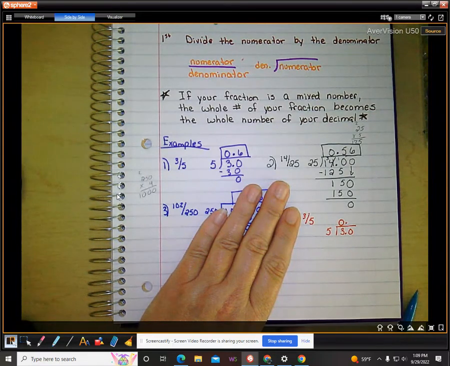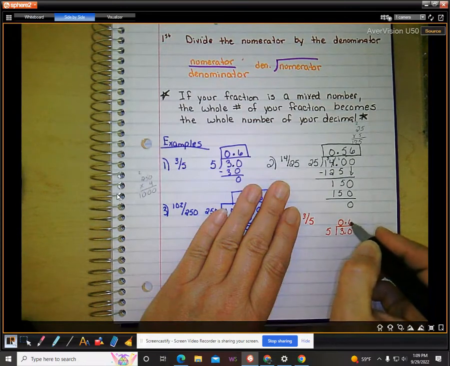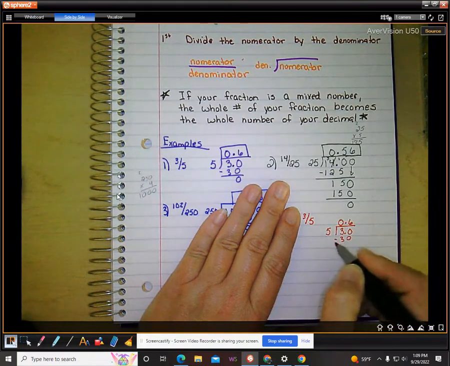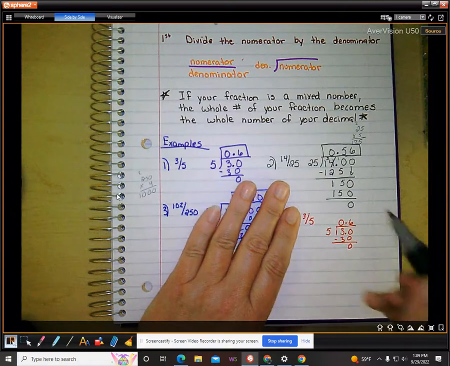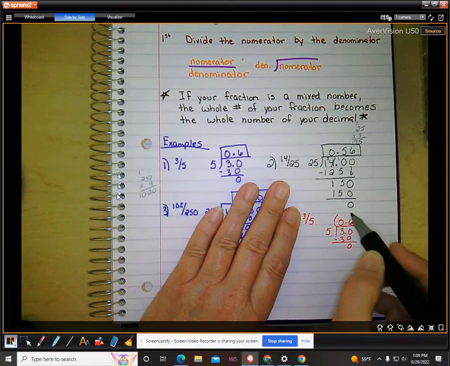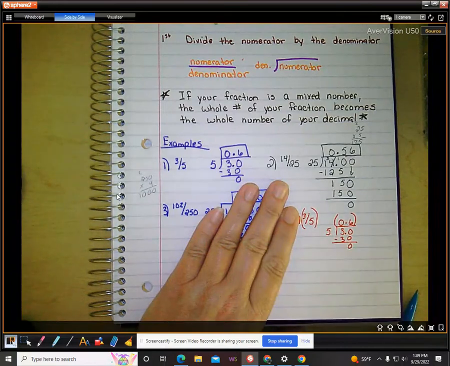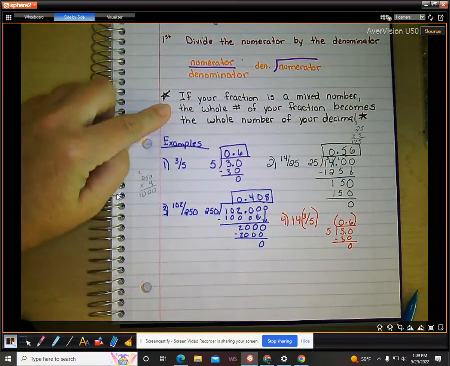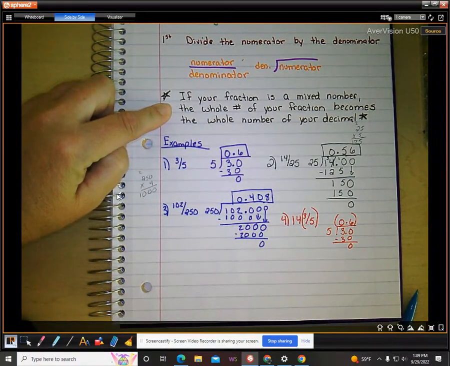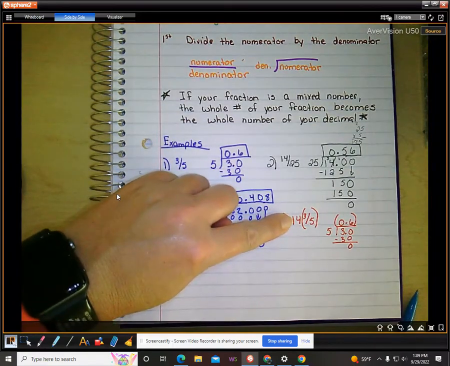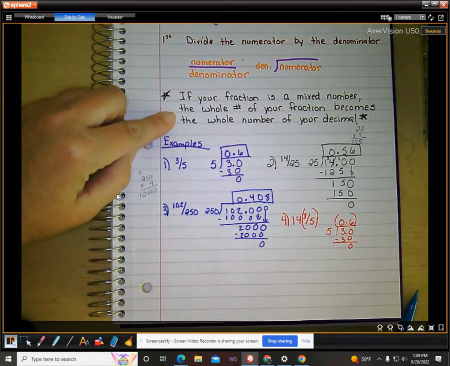Elizabeth, 6 times, which gives you 30. Here's what you have to realize. That 6/10 only represents your fraction. So like I said up here, if your fraction is a mixed number, which this one was, the whole number of your fraction becomes the whole number of your decimal.